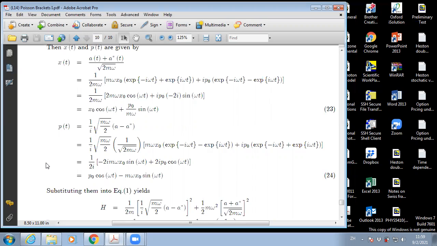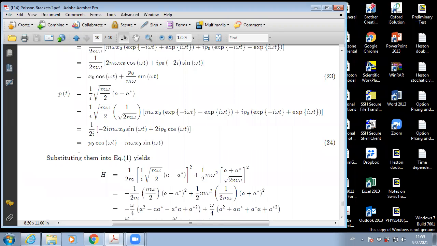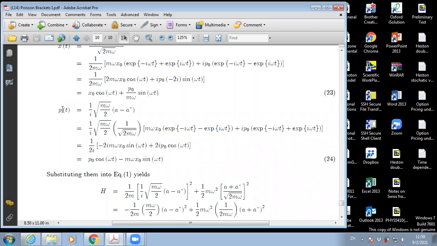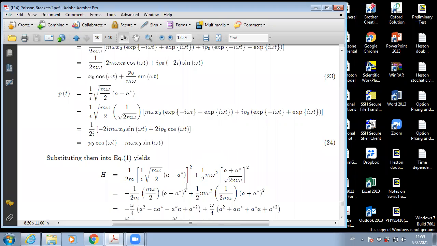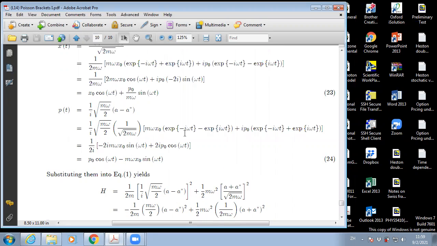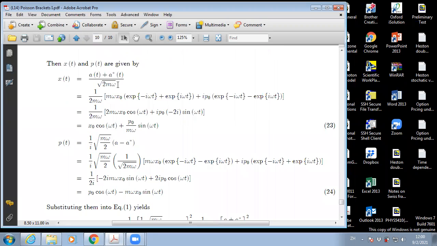We can also express the H in terms of A and A star. First of all, p squared over 2m gives you the kinetic energy. The potential energy is 1/2 m omega squared x squared. This is the definition of x squared.